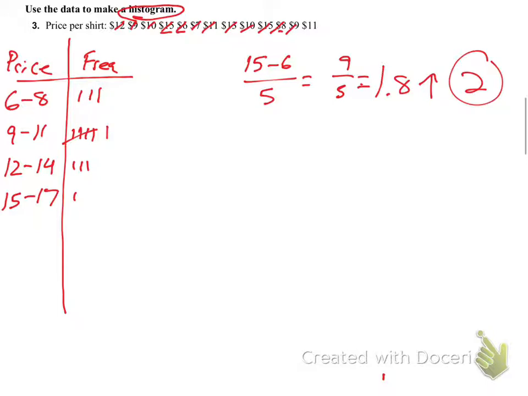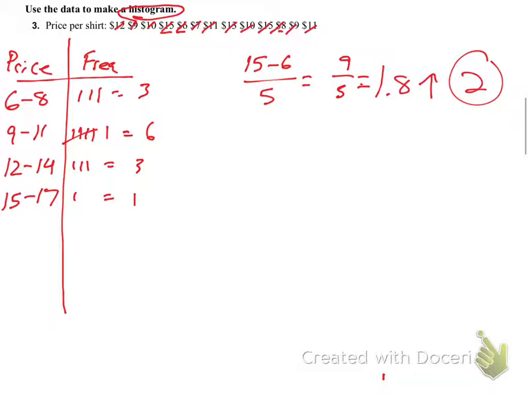All right, so then after I get all of them done, I have 3 in the first one, 6 in the second one, 3 in the third one, and then 1 in the fourth one. And this one only gave me 4 intervals. That's okay. It's not that big of a deal. As long as you have a minimum of 4, you're all right.